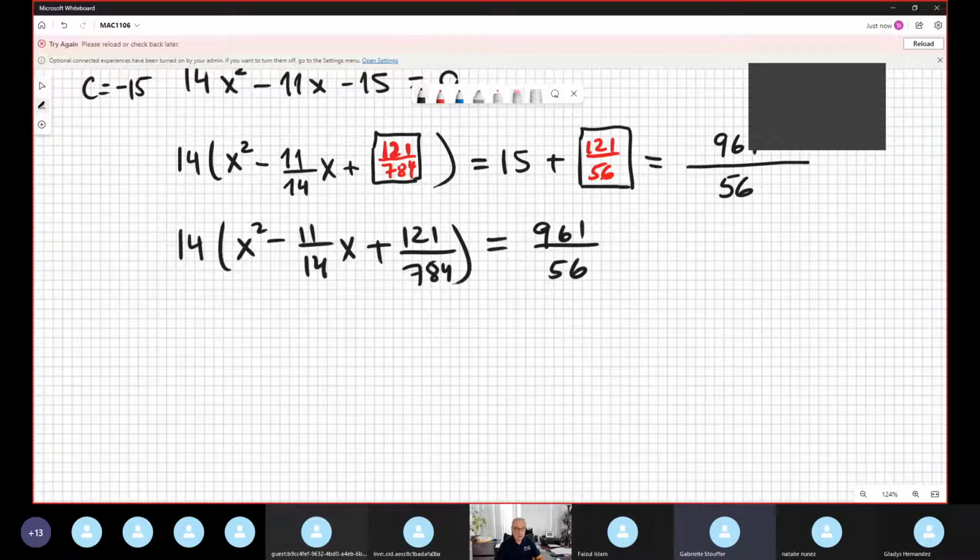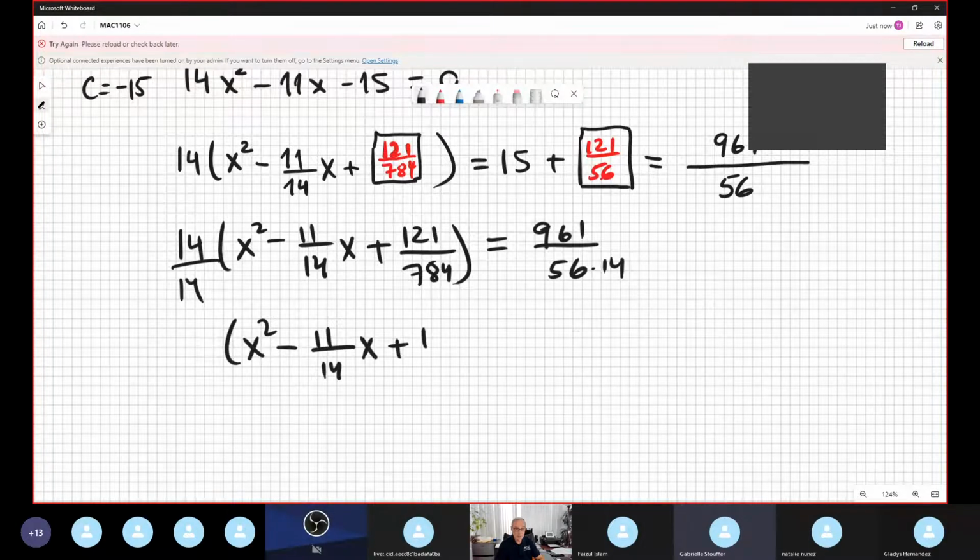You can do it like that. Divided by 14 here and divided by 14 here. It's exactly the same as multiplication by 14 in the denominator. So it's x squared, 14 divided by 14 is 1, minus 11 over 14 x, plus 121 over 784, and here is 961 divided by 784 again.